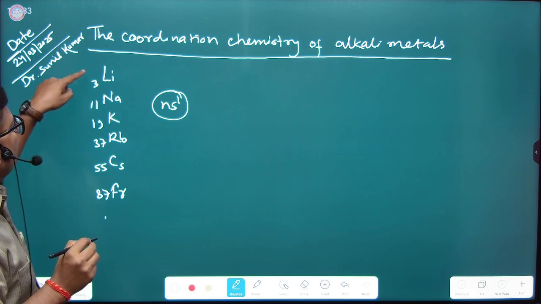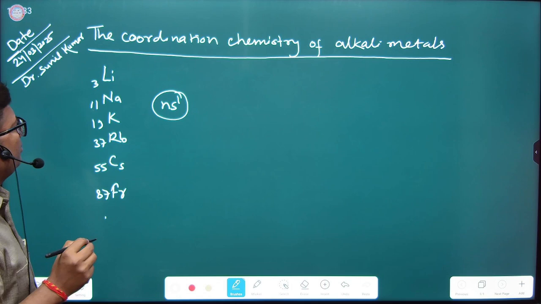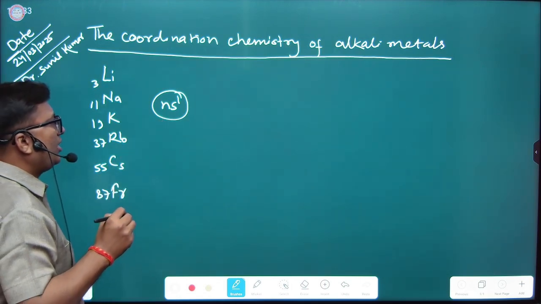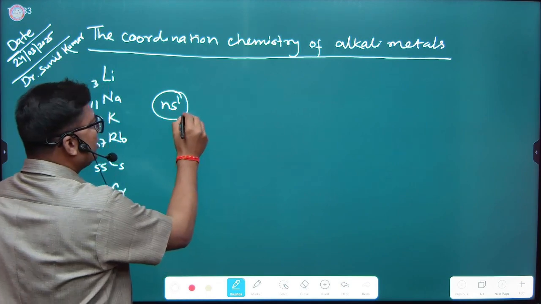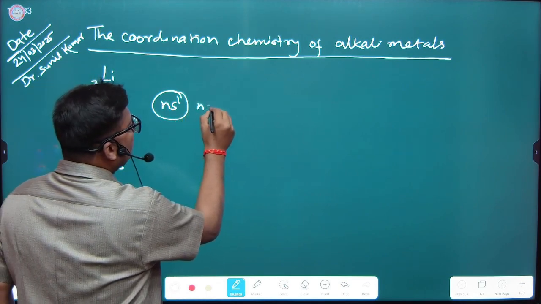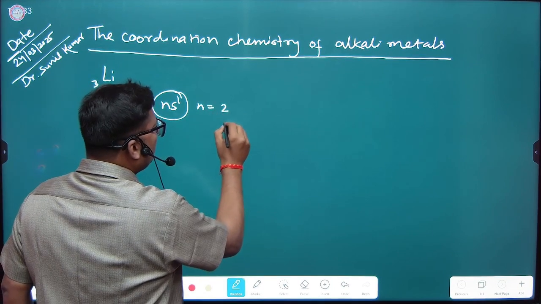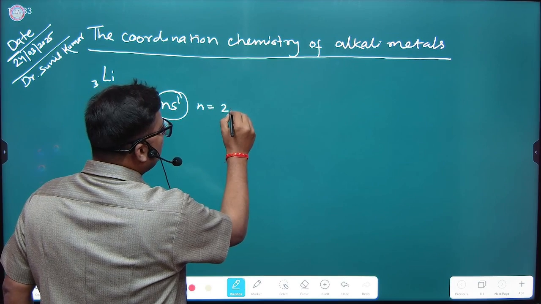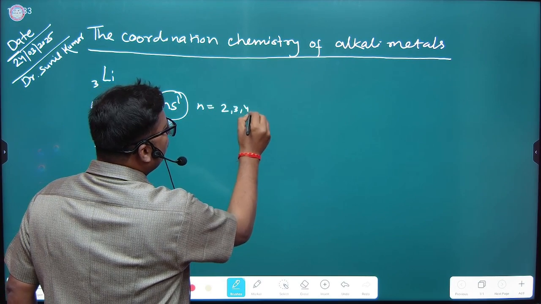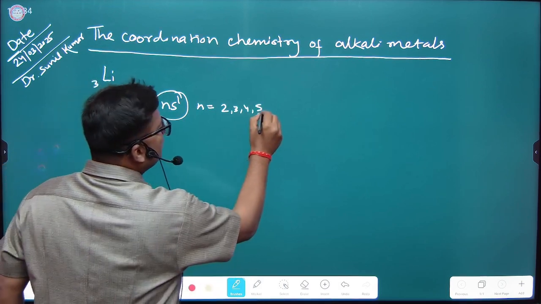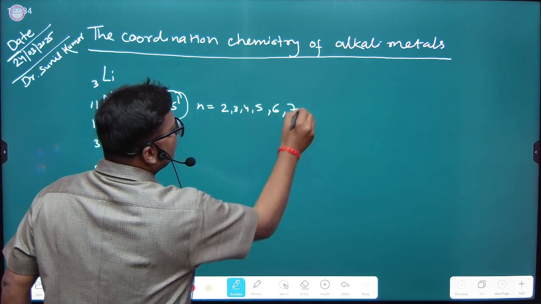When we go from lithium to francium, the outermost quantum number n is 2, 3, 4, 5, 6 and 7.